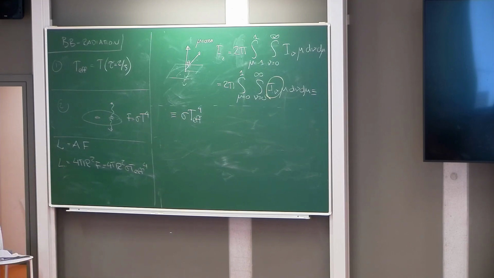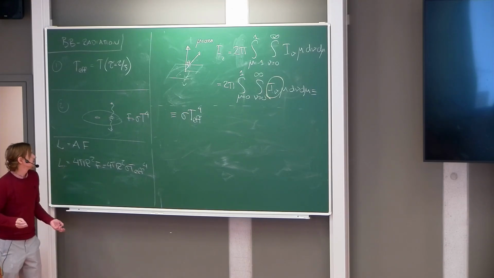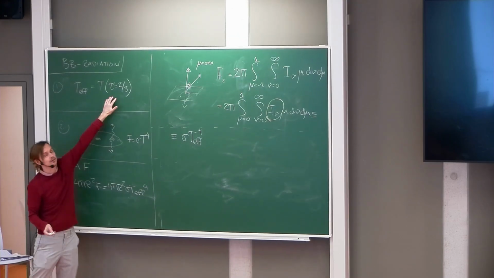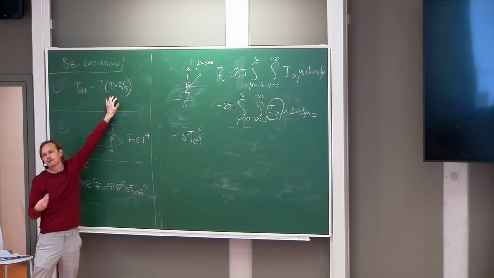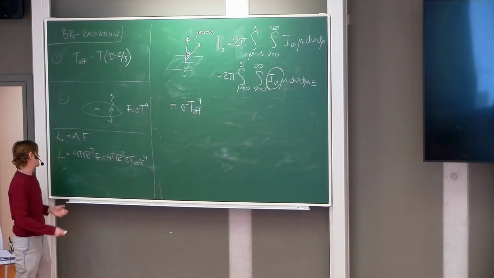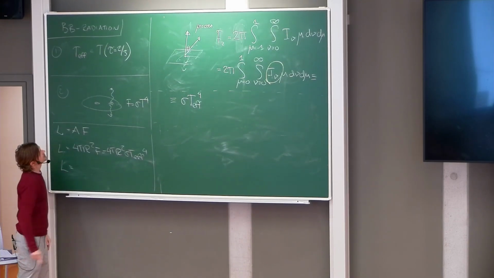But then again, it always becomes a little bit ambiguous, right? Because you say, well, then you have to define the radius of the star. And typically you do this again at an optical depth of 2/3 or something like that. Now for the accretion disk, on the other hand, the luminosity is different.